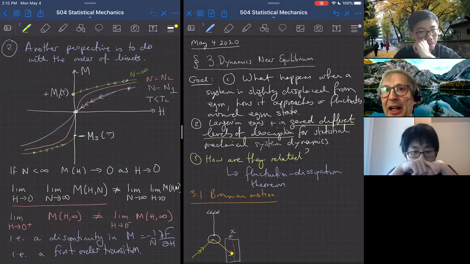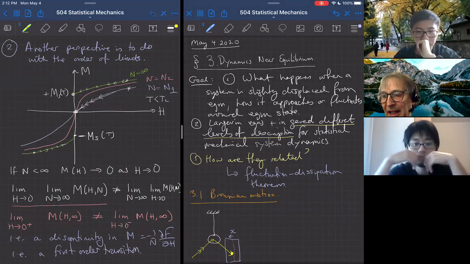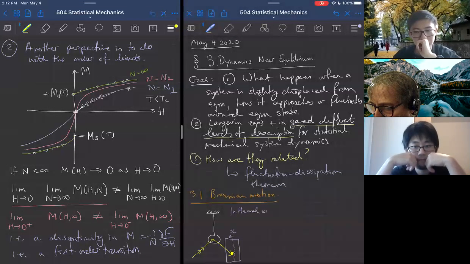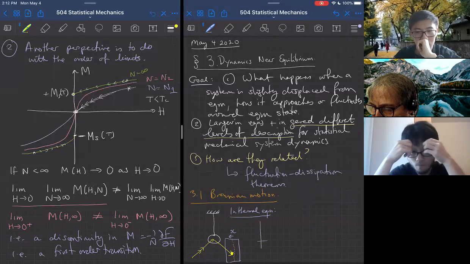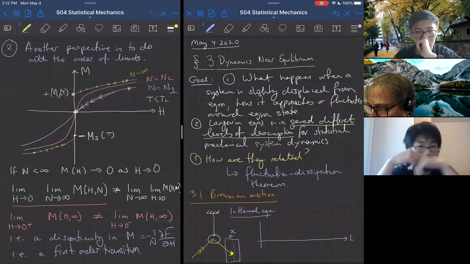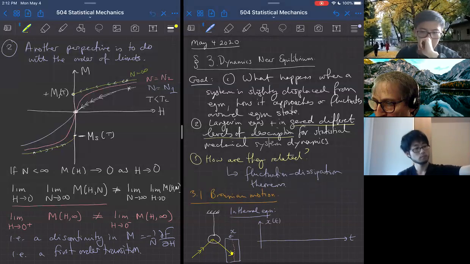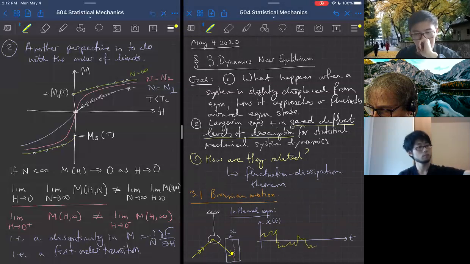And the idea is that this mirror is sitting there in thermal equilibrium. But if you do this experiment, what you will see is that if I plot x as a function of time, you'll see a graph that looks something like this, something like that.